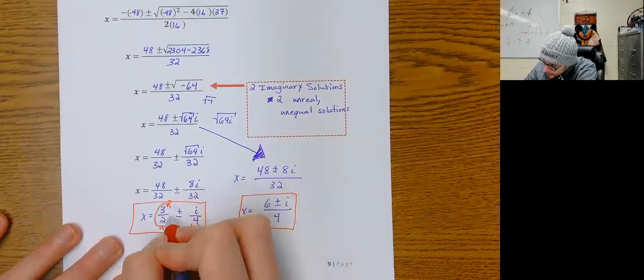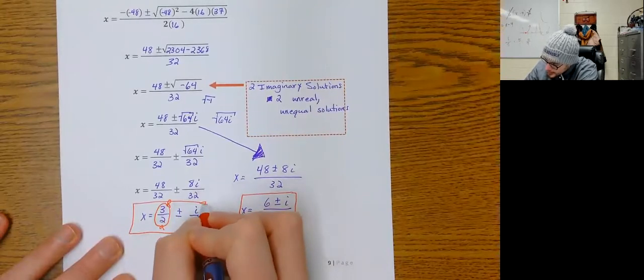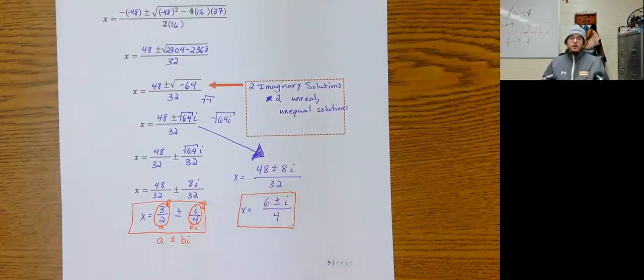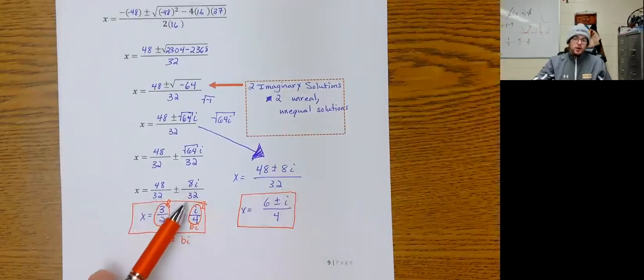This is real. And this over here is imaginary. So that's the difference between this and this, which is not separated out into a plus or minus bi. So I would say this is more preferable if you can get it all the way separated out.